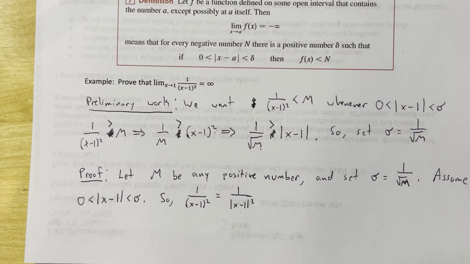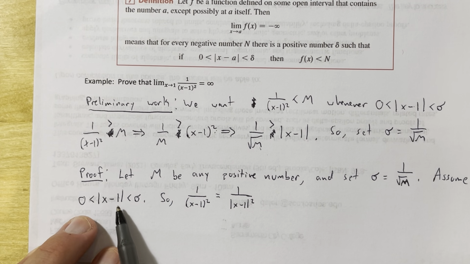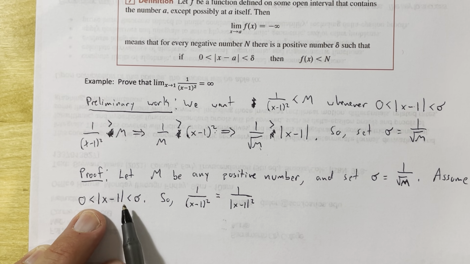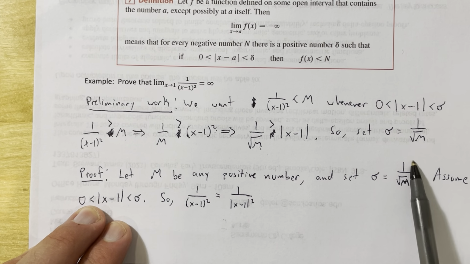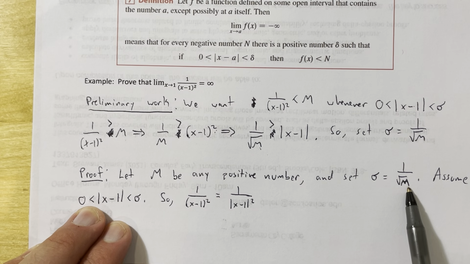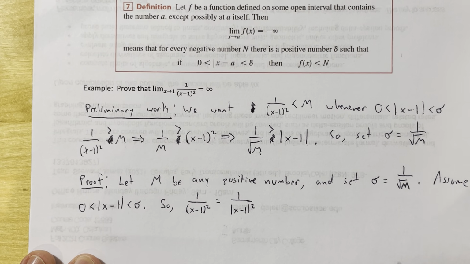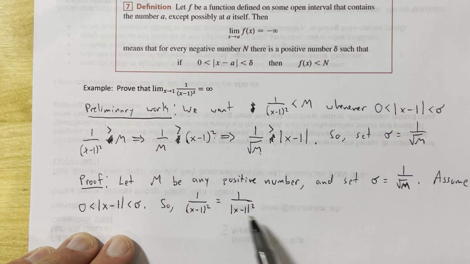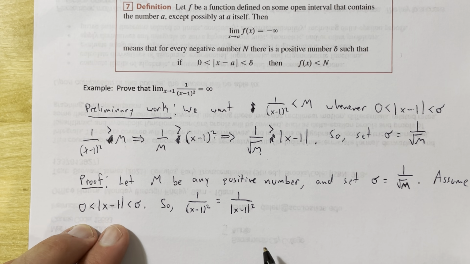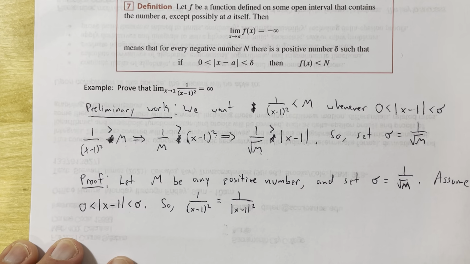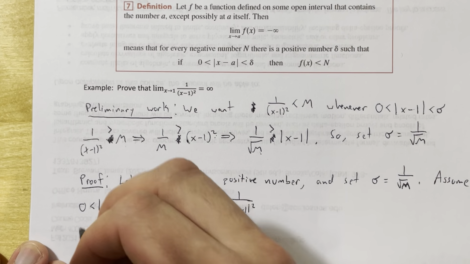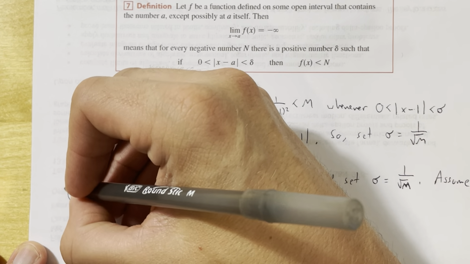Now, we have the relationship here that would say that the absolute value of x minus 1 is less than 1 over the square root of m. But if you take reciprocals of both sides of that, then that inequality switches places. Let me see if I can write this off to the side.